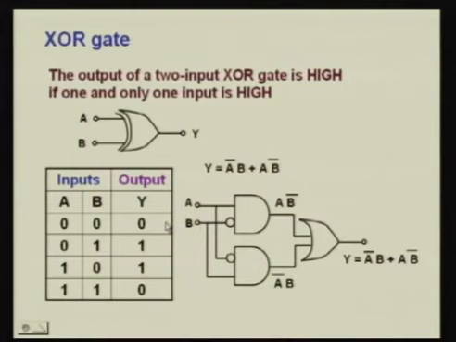If they are unequal, that is, one is in the high state and the other is in the zero state, then we will get output Y. So we can tell which two signals are equal and which are unequal. Using this inequality comparator circuit, we can use the XOR gate to see whether two signals are equal or unequal.